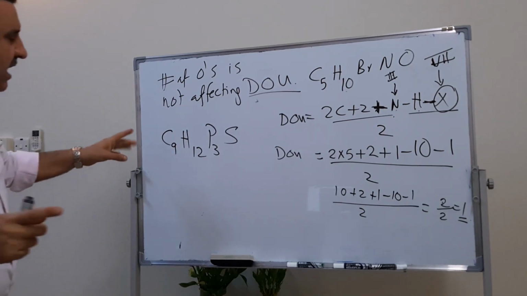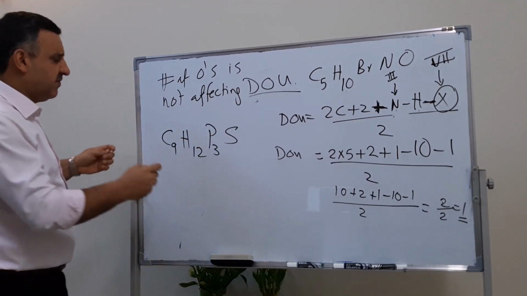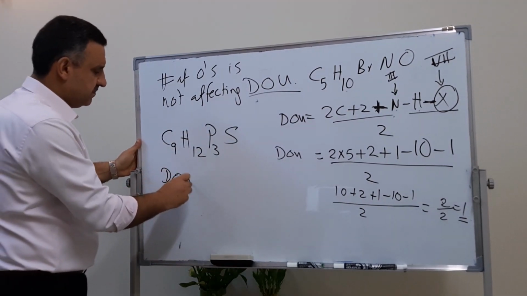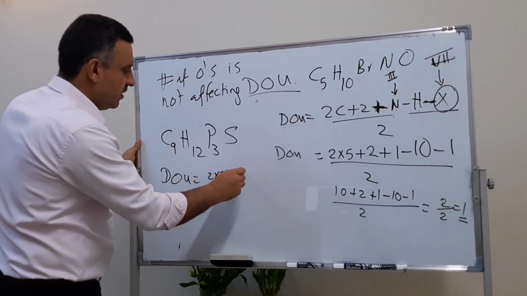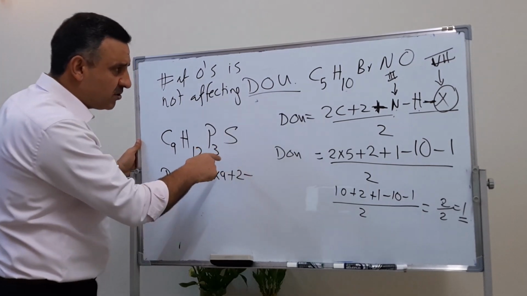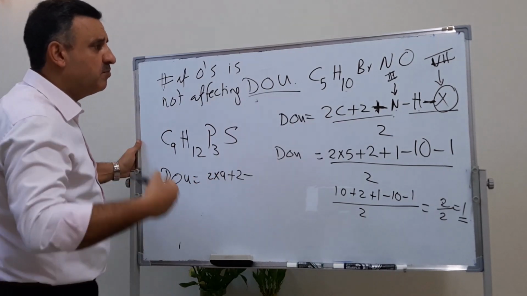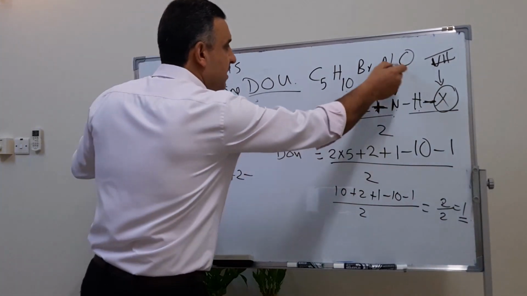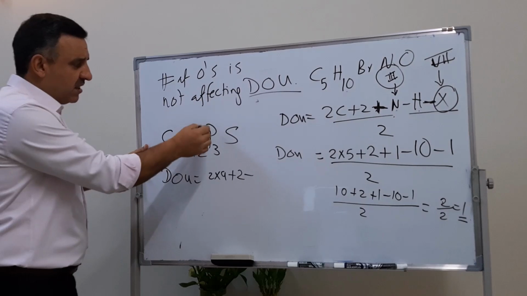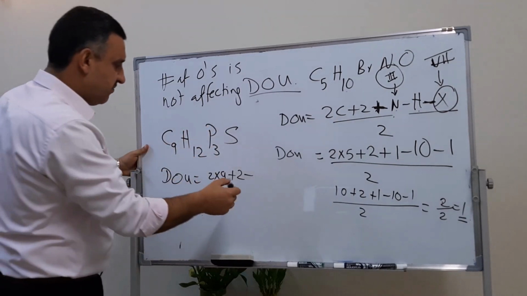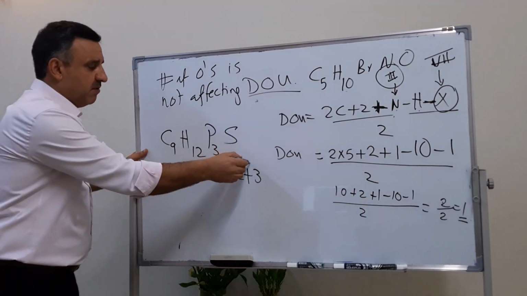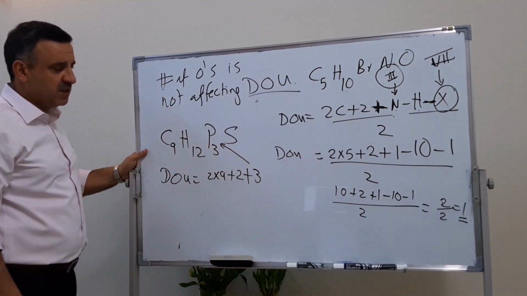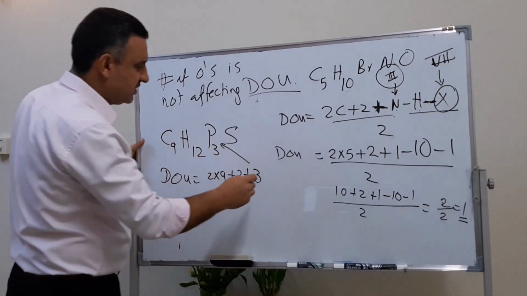You follow me? Now, in order to calculate the degree of unsaturation of this compound, it will be 2 times 9 plus 2 plus. Now, is there any nitrogen or any atom which is present in group number 3? If you check here, the phosphorus is in group number 3, so therefore we must add 3, which corresponds to the presence of 3 phosphorus.